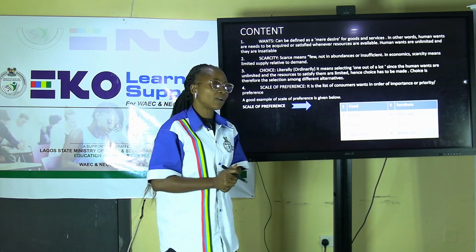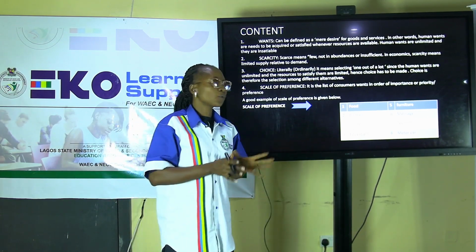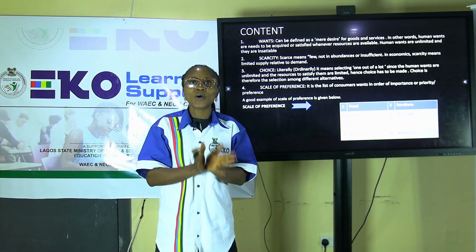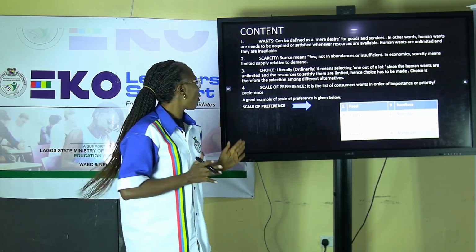Now, scale of preference is the list of a consumer's wants in order of preference, in order of importance or priority.